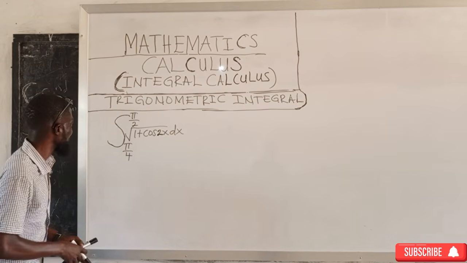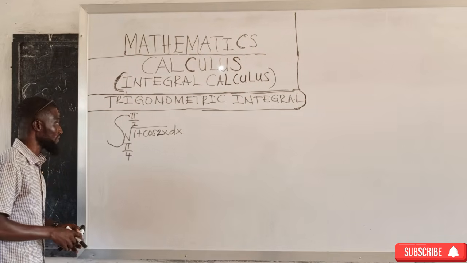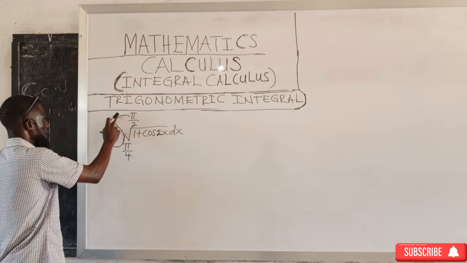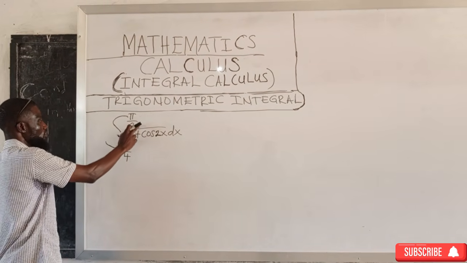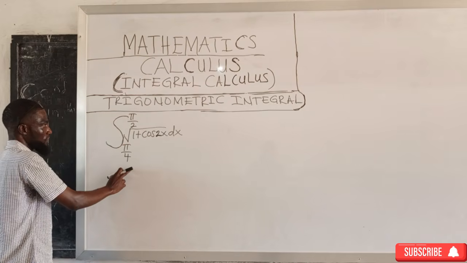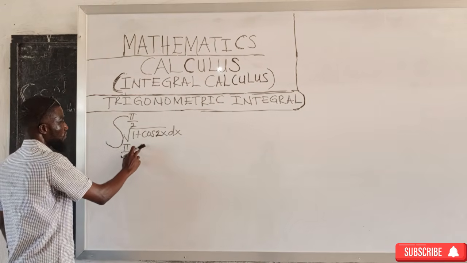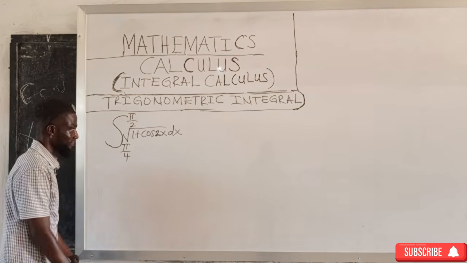So, ladies and gentlemen, we'll be solving this problem, and the problem reads: the integral from pi over 4 to pi over 2 of the square root of 1 plus cos 2x dx.